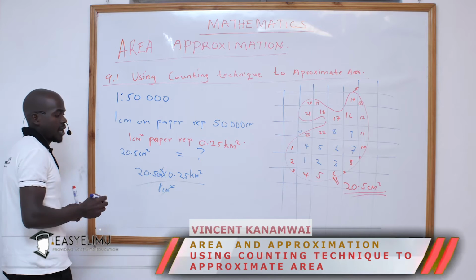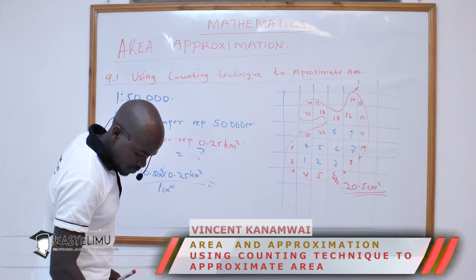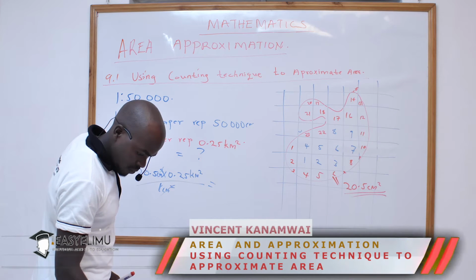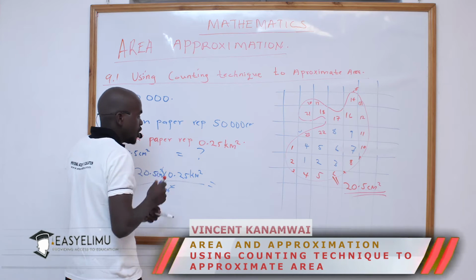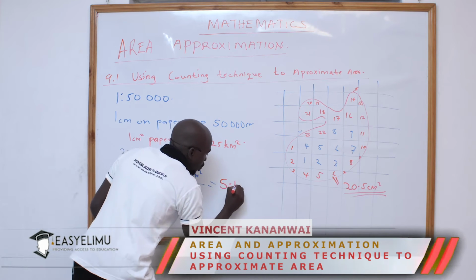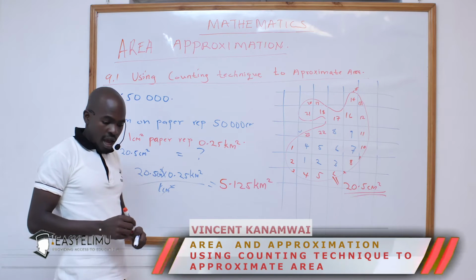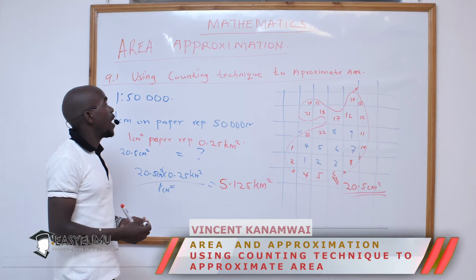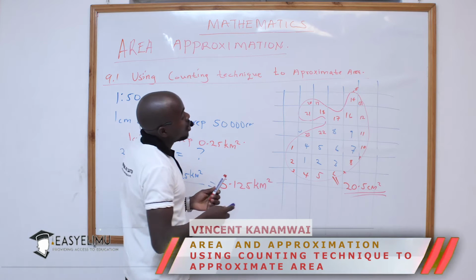We will find that the square centimeters cancel, and we are going to get the area as 5.125 square kilometers.